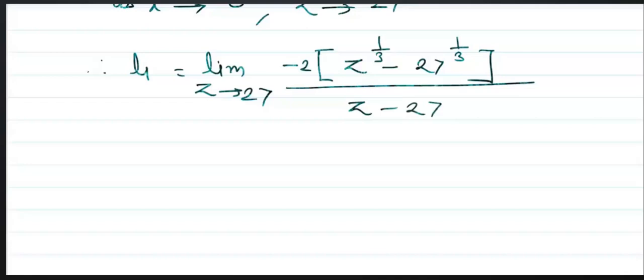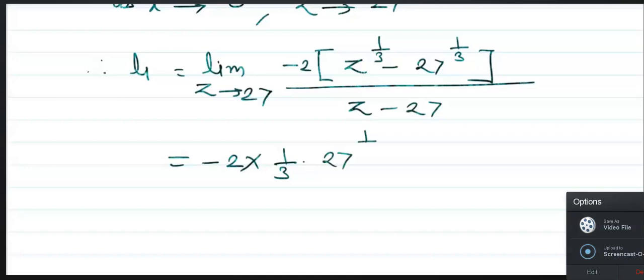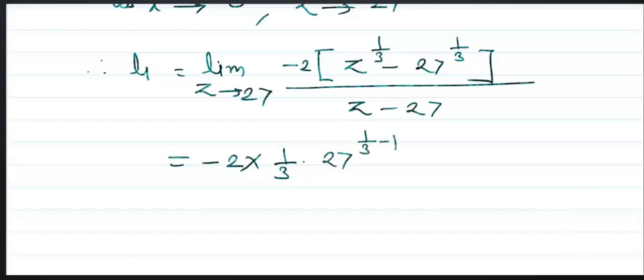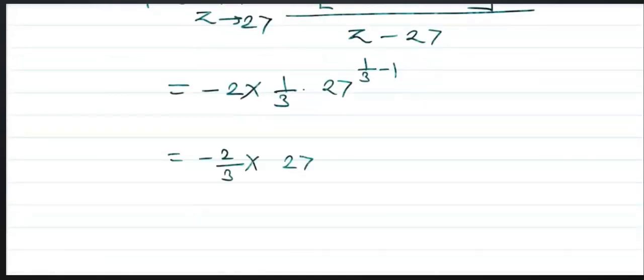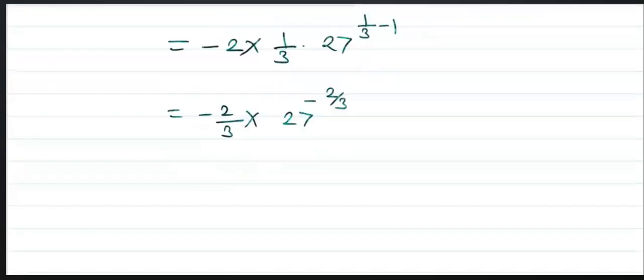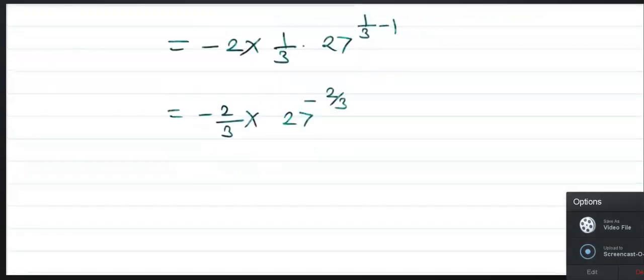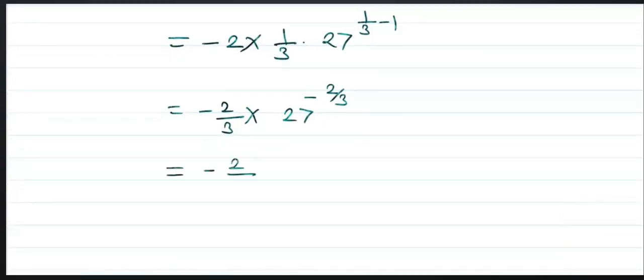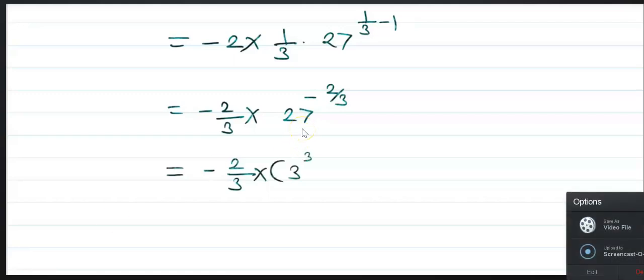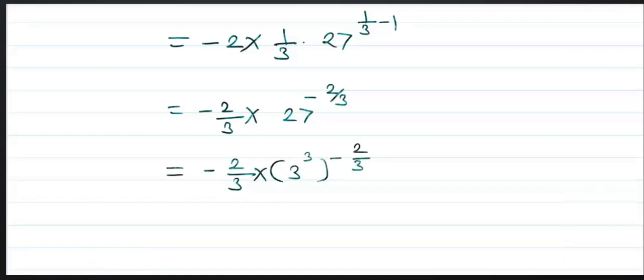upon z minus 27. Now we will find the limit: minus 2 into 1 upon 3 into 27 raised to (1/3 minus 1), that is minus 2 upon 3 into 27 raised to minus 2 upon 3. Now this 27 can be written as 3 cubed, and whole bracket raised to minus 2 upon 3.